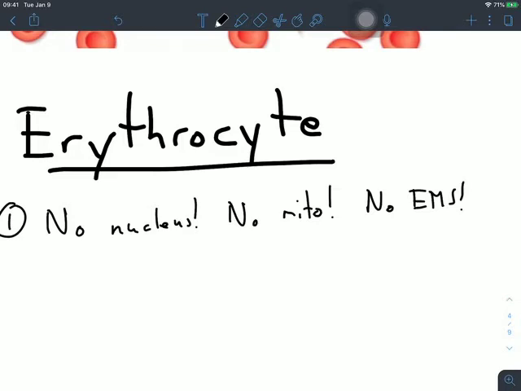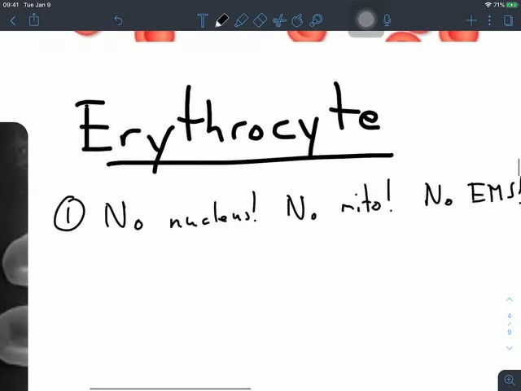They are really, really bare bones. Though I will say that it is mammal specific that they have no nucleus. And the reason why they lack all of these other internal structures is so that they can be better deliverers of oxygen. They're just chock full of hemoglobin. That's most of what they're meant to be delivering.